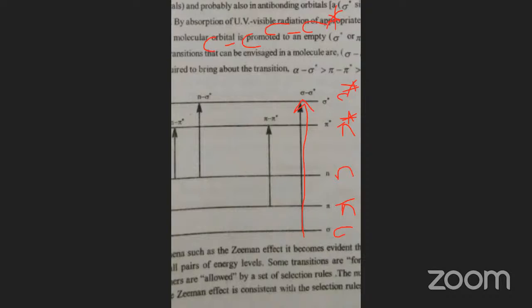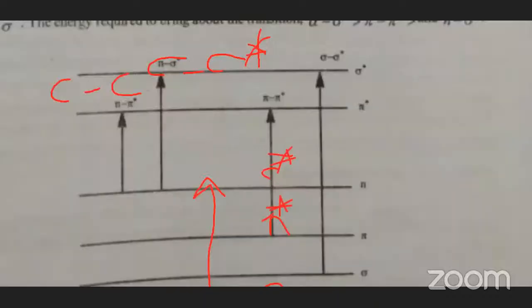The next one is the pi to pi star transition. So look at this. This is the pi orbital, this is the pi star.